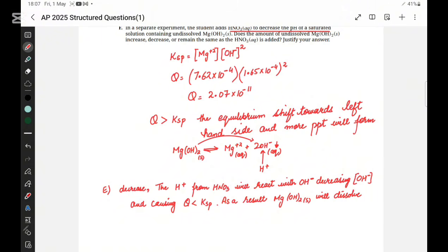Because hydrogen ion from HNO3 will react with hydroxide ion, the concentration of hydroxide ion will decrease, and the equilibrium will move towards the right hand side. Because of that, magnesium hydroxide will dissolve more.